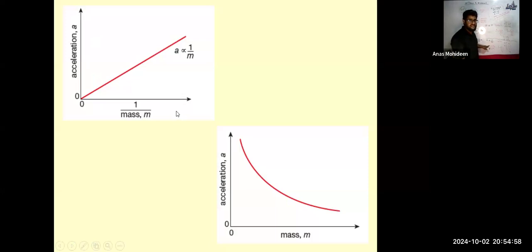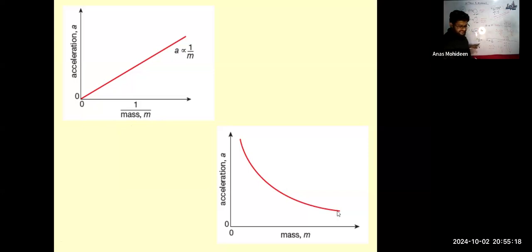Can you see that? Look at the difference. A as it is and this is 1 over m. And this is direct proportion, right? So it should be a positive gradient with 1 over m. And the same thing if you're going to take it with m, what happens? Can you see that here?